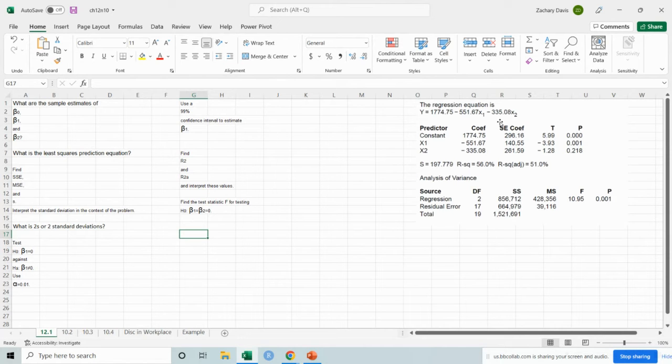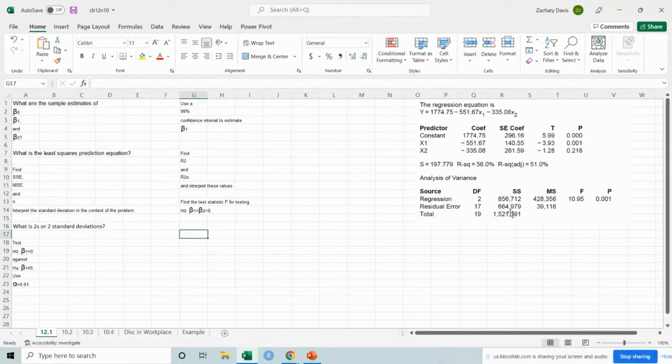Typically when you have a regression, you're going to have an ANOVA as well, the analysis of variance. Some important values that you may need are the sum of squared errors. You have your regression, your residual error, and your total. This would be your SSR, your sum of squares for regression, and here would be your sum of squared errors.